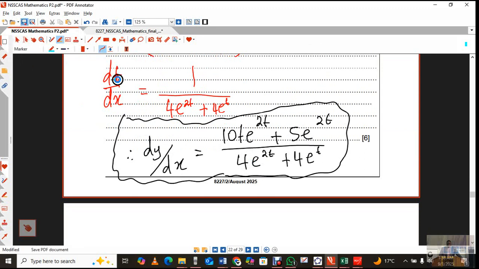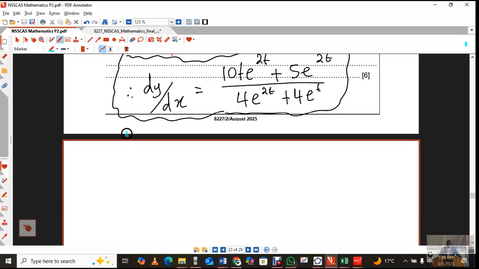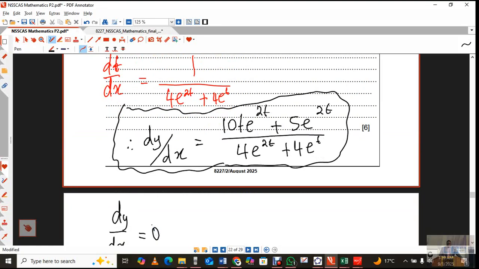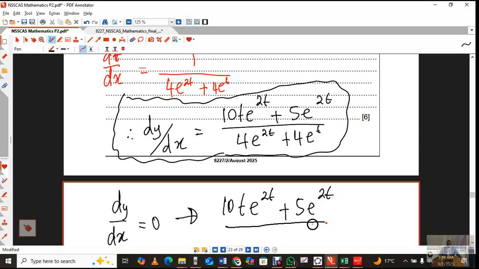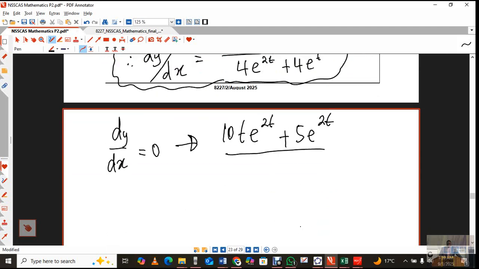Okay, and let's also save. When you are looking for stationary points, they appear to happen when dy/dx is equal to 0. So given that scenario, we just take 10t e to the 2t plus 5e to the 2t all over 4e to the 2t plus 4e to the t.